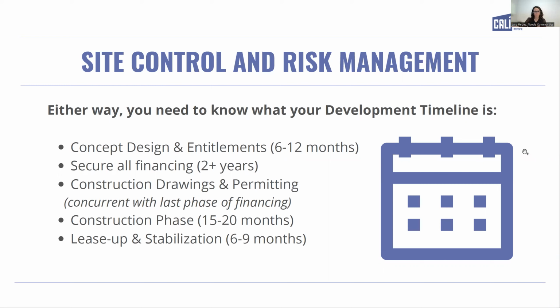Then transition to the time it takes to secure your financing, which varies a little bit, but on average, we can say it takes a couple of years here. And then once you have most of your financing, if not all of it secured, then the time you need to finish with your design phases and ultimately get your project permitted.